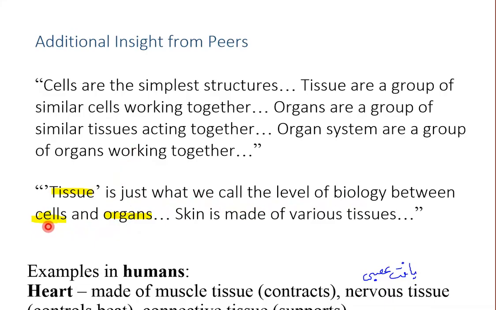Cell is the building block of living things, and organs are easy to comprehend because, for example, we say heart. Heart is an organ. Eye is an organ. Ear is an organ. But something between these is difficult to explain, and we call tissues the level of biology between cells and organs. The skin is made of various tissues.